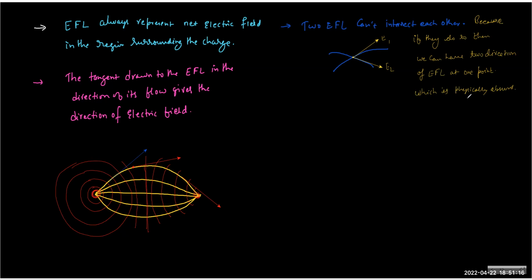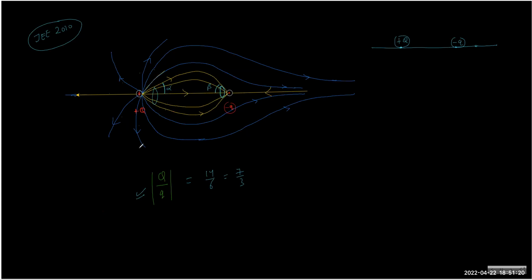Also, you need to remember that the electric field lines are drawn with all charges taken into consideration. We don't draw for one charge particularly. The positive will have a different behavior, the negative will have a different behavior, but if they come together, you can see this is some different behavior.